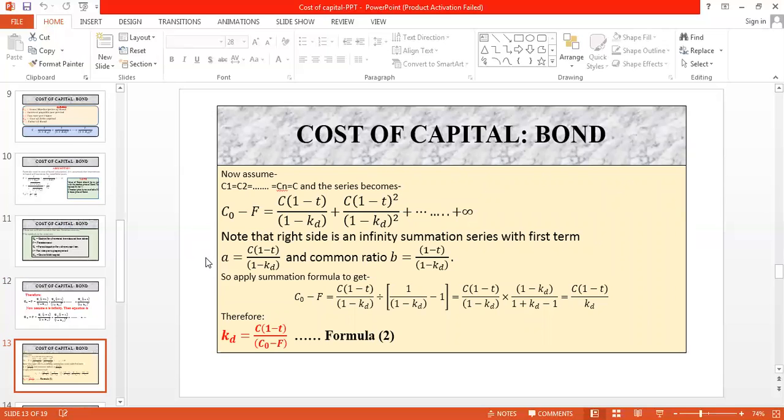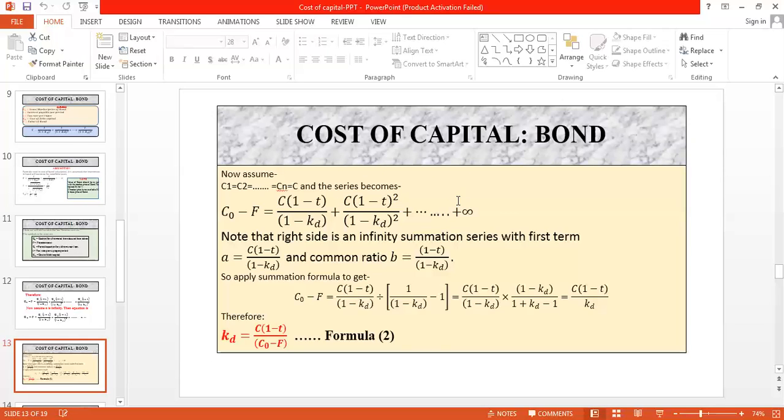Further, the interest on the bond in each year remains constant, so we don't have to take C1, C2, C3, C4, etc. Rather, we will consider C in each year. So substitute C1, C2 to Cn equal to C. Then the series becomes C0 minus F is equal to C into 1 minus T by 1 plus Kg, plus C into 1 minus T by 1 plus Kg whole square, and it continues up to infinity.